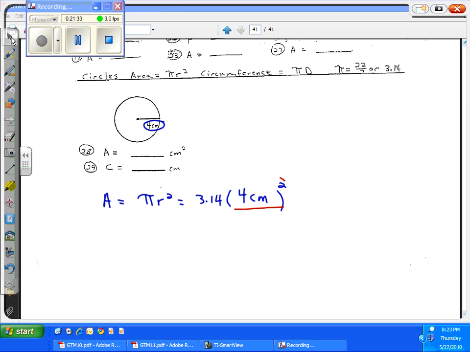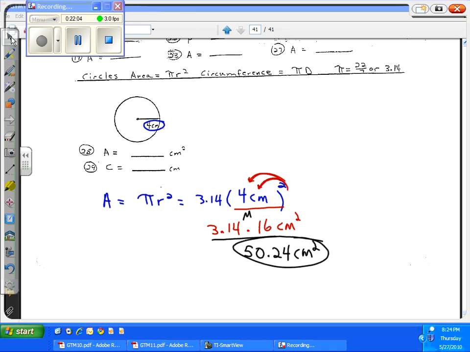We do the exponent first. 4 squared is 16 centimeters squared. Now we multiply. 16 pi is 50.24. So we get 50.24 square centimeters.